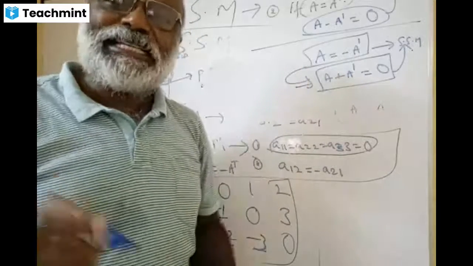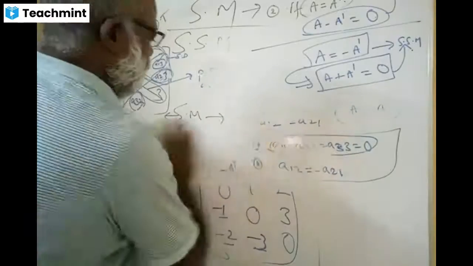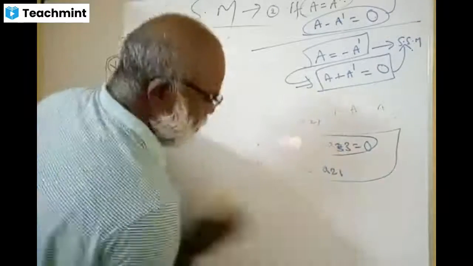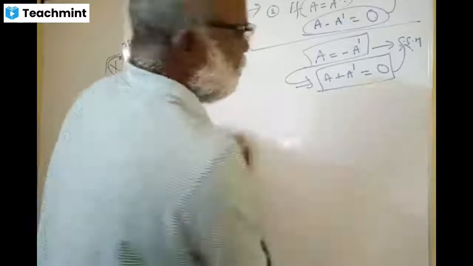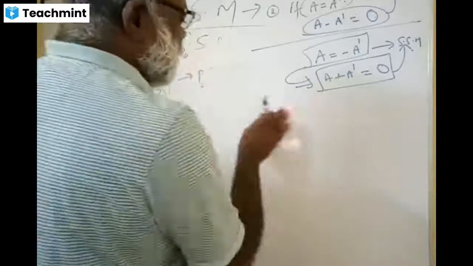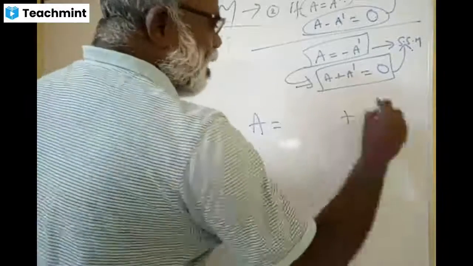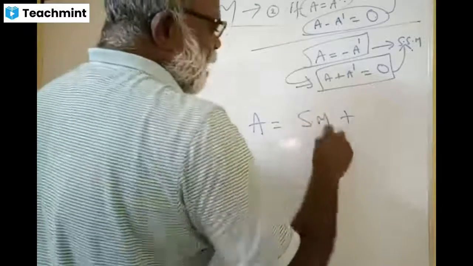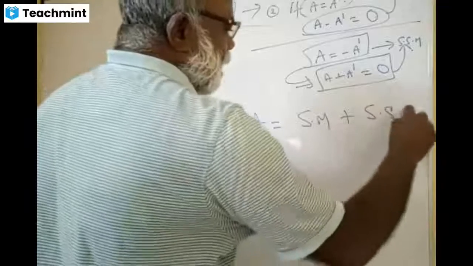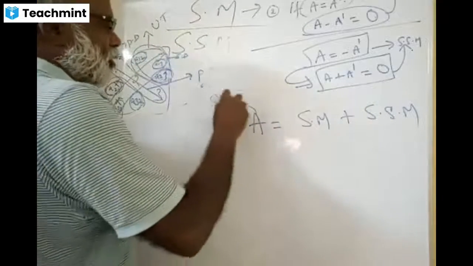But see the paradox here. Yesterday I told you that any square matrix can be written as the sum of a symmetric matrix and a skew symmetric matrix. Please note down: any square matrix.